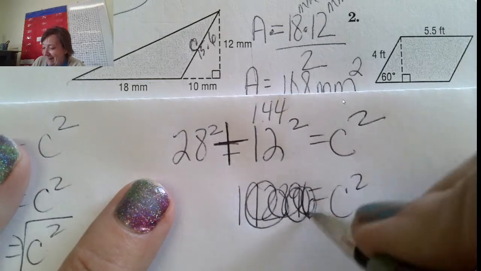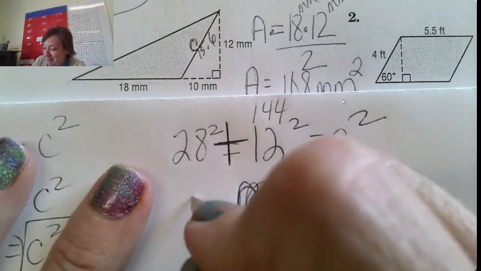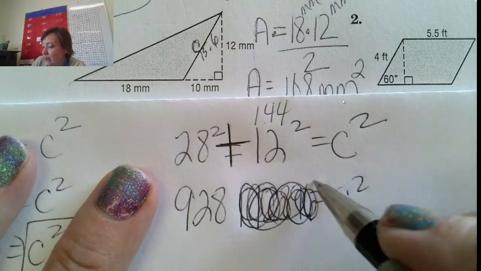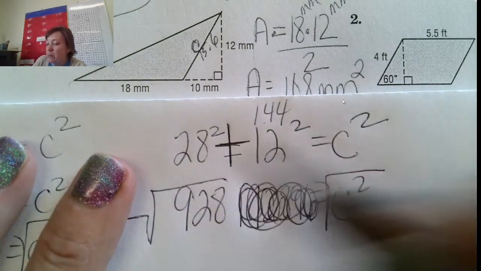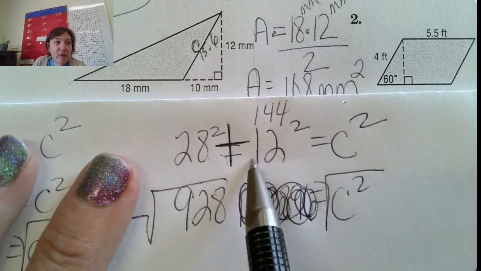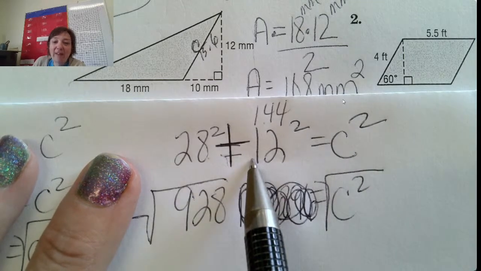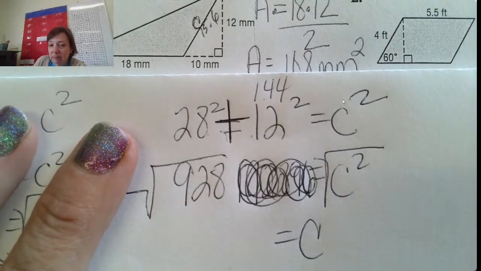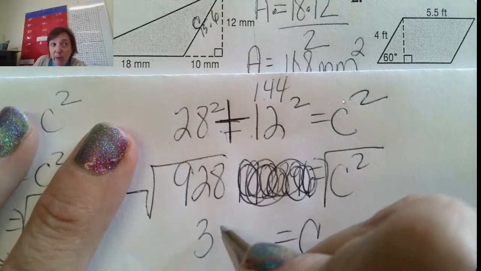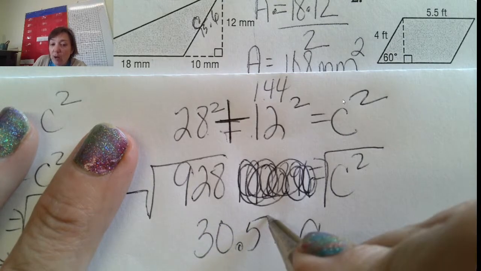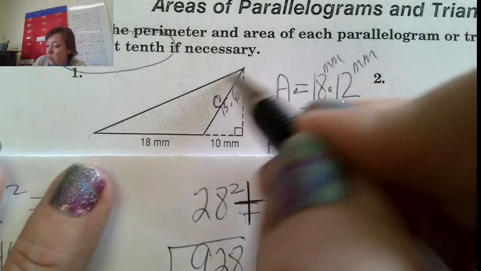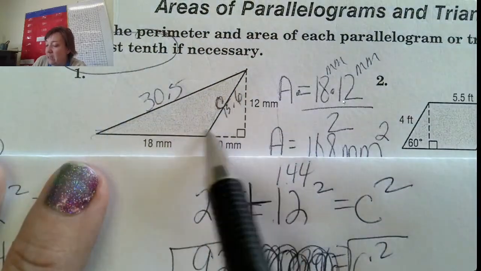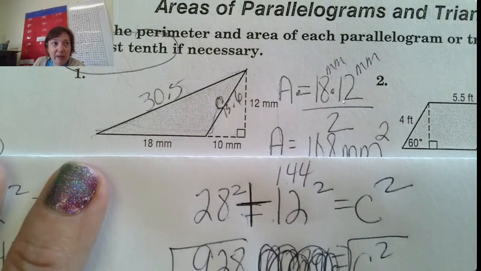What'd you do the first time, Jordan? Okay, so did you maybe multiply instead of add those in the middle? Yeah, I think that's probably what happened. Okay, so square root of both sides gives you what? 30.5. So our hypotenuse of this big triangle is 30.5, which means this side of this triangle here is 30.5.